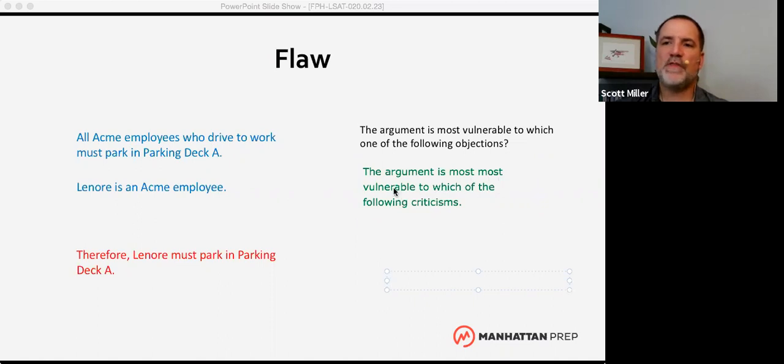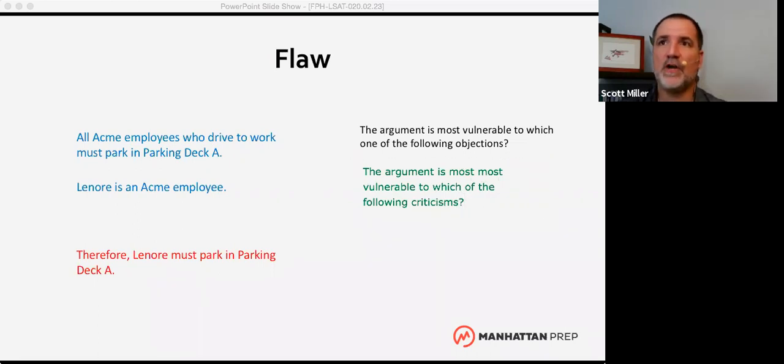If they word it this way, now they've left themselves a little more open, right? Because now they could give you an objection or they could give you an assumption. They could give you either one in the answer choice.